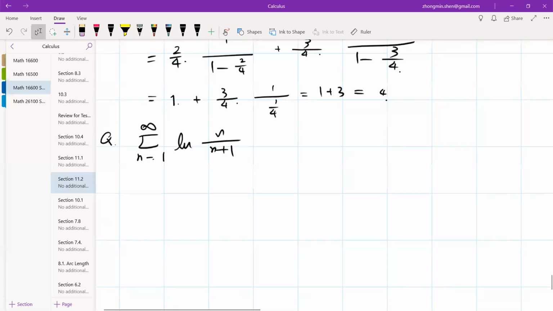Right, I give you a series. My question is whether it's convergent or divergent. If it's convergent, can you find the sum, right? That's always the question. If it's divergent, give me the proof, right? I have to give a proof, an argument. So you're always acting like a lawyer in court.